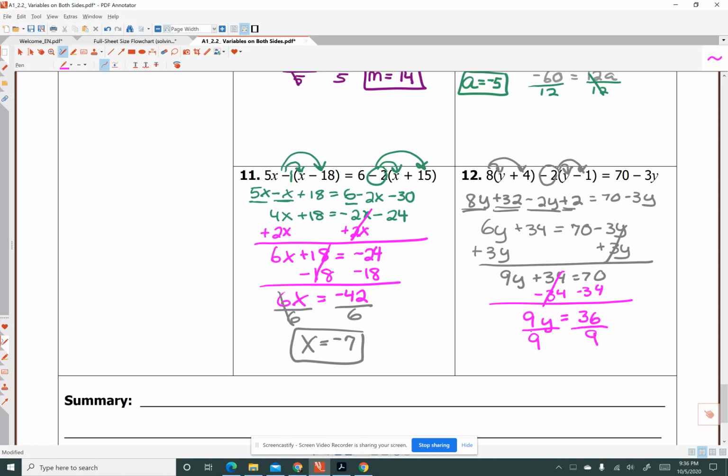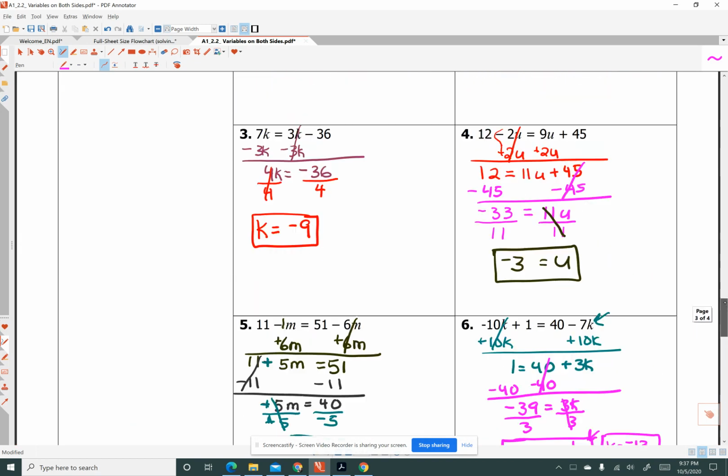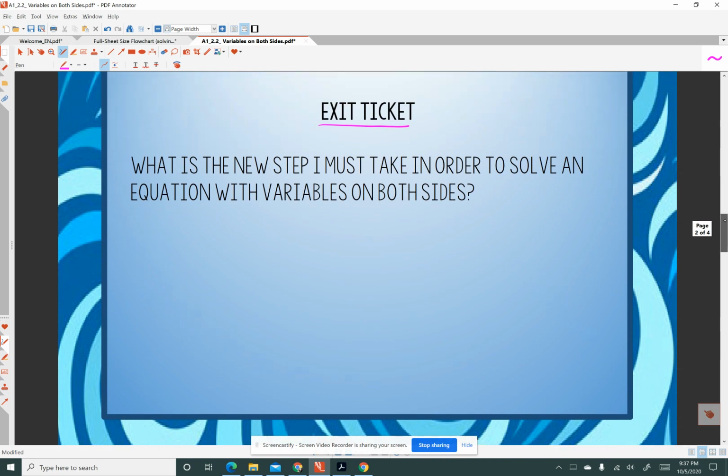Whatever I do to one side of an equation, I do to the other. So that leaves me with y equals 4. So if you were to insert 4 here, and here, and here, and evaluate this equation, your answer would check, hopefully. So let's go back up to the exit ticket and the question that was asked of us earlier.